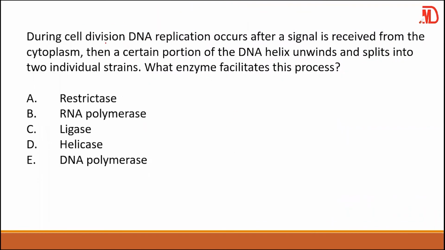During cell division, DNA replication occurs after a signal is received from the cytoplasm. Then a certain portion of the DNA helix unwinds and splits into two individuals. What enzyme facilitates this process?